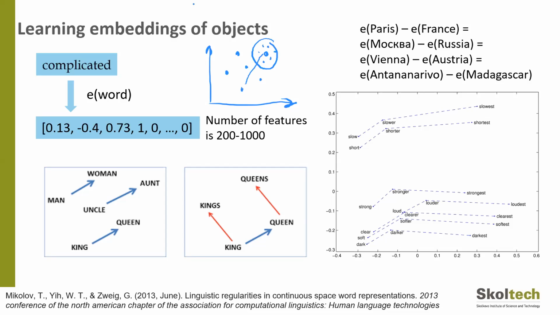We can even say that if we subtract man from woman, uncle from aunt, and king from queen, then we have approximately the same vectors. So if we learn embeddings well, we preserve the semantic meanings. This is something we can check for tokens in natural language.